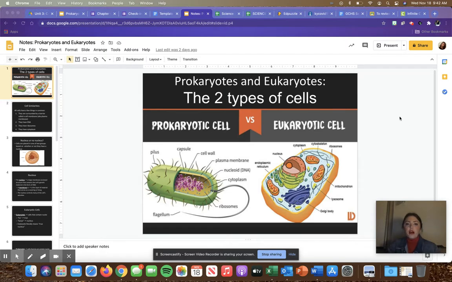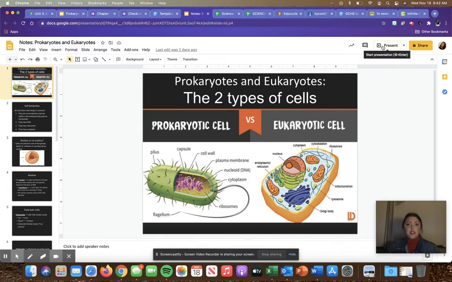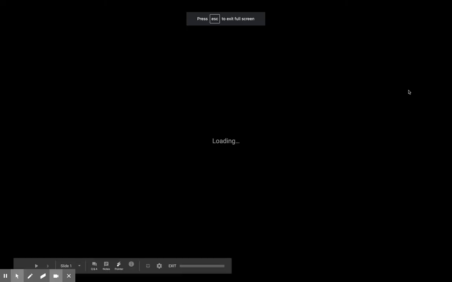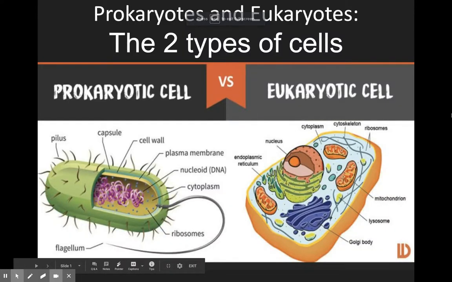Today we're going to talk about prokaryotes and eukaryotes. We kind of introduced the idea of prokaryotic and eukaryotic cells in the lesson earlier this week. So I want to talk a little bit more specifically about those because you really do need to understand the difference. So here are two pictures.